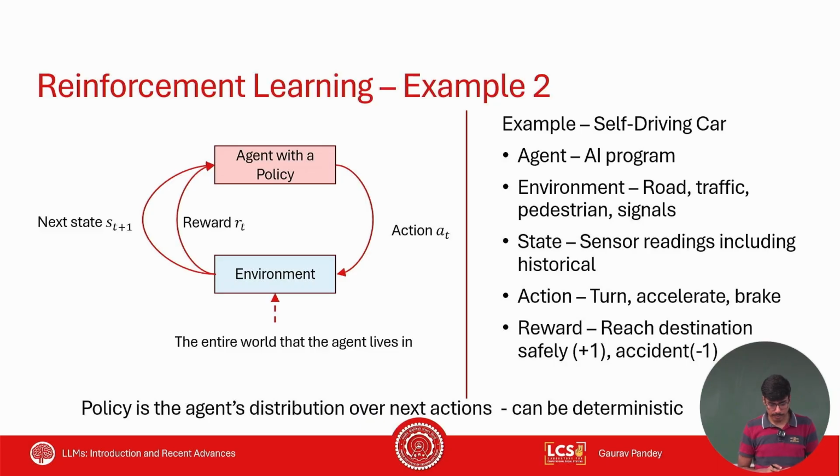State is again the part of the environment that can be accessed by you, because you cannot guess what the pedestrians are going to do or what is going on in the mind of the other car drivers. But what you can see is what the sensors in the car can tell you. It's not only the current sensor readings, but all the historical sensor readings as well.